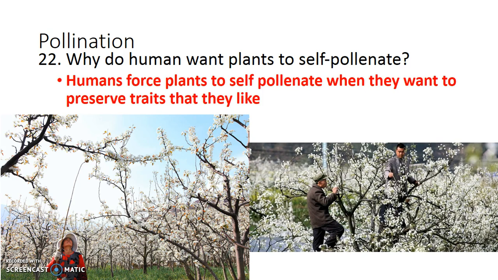A lot of people use this scenario as an example of the damage we do to the environment. And true, it is a pretty shocking example, seeing a human bee going around and pollinating every single plant with a paintbrush. The problem is that if you do a little bit more reading on this particular province, once all these trees were being self-pollinated, they actually yielded much more fruit than when they were pollinated by bees.